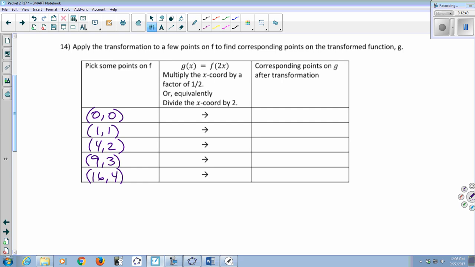And we just determined that to keep your y value the same, you actually have to plug in an x value half as big as the one you did on f. So I'm going to take half of all my x values here. So half of 0 is still 0. And then this is going to be (1/2, 1), (2, 2), (4.5, 3), and (8, 4).